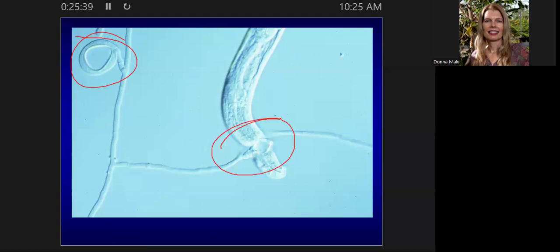So if the nematode brushes against that, it gets stuck due to stickiness. So sometimes they'll use a sticky type idea instead of a lasso. But if you are a fungus and you happen to catch a nematode, that's a feast. You'll be full for a long time. That's a lot of nutrition right there. So the payoff is big once you capture something.